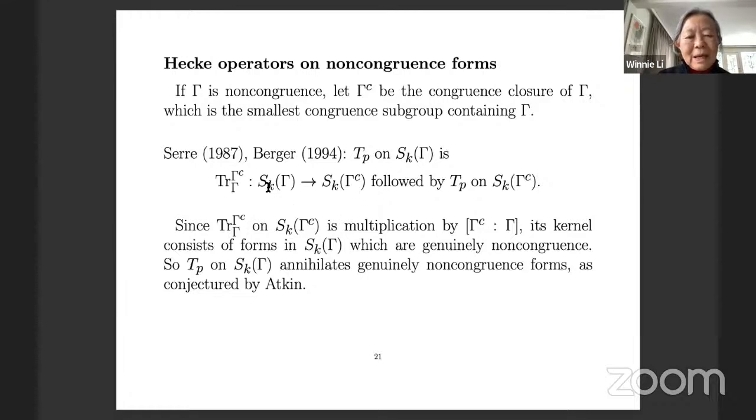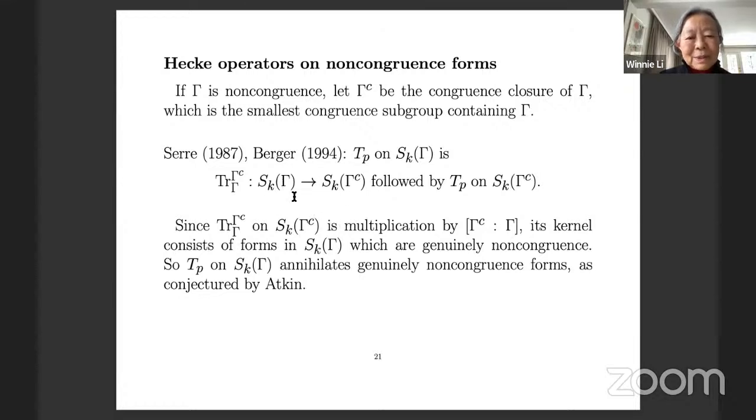Now this trace map, when you restrict it to the forms for gamma c itself, is multiplication by the index. Both sides are finite dimensional vector spaces, and it's a surjective map. So the forms for gamma c are exactly the congruence forms contained inside this space S_k(gamma).